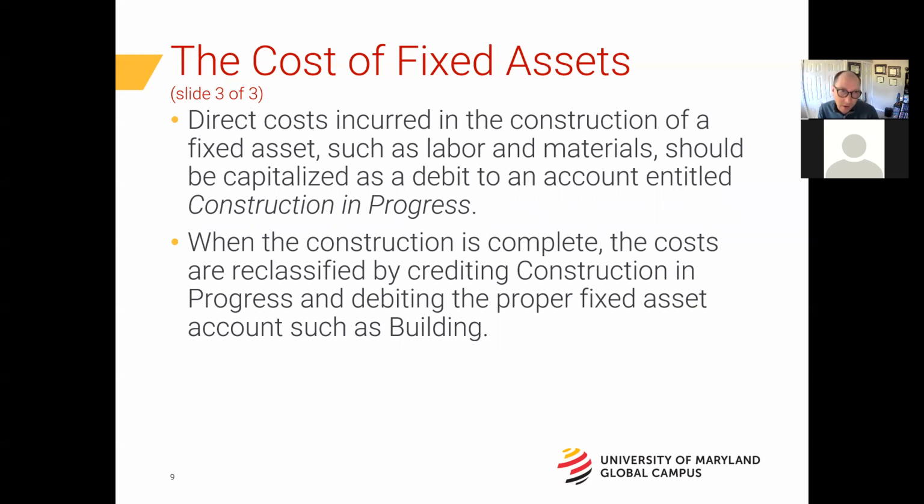What that does is it helps to capitalize the related costs that are utilized in building a building, as they say. And then when the construction is complete, we would simply debit the building and credit construction in progress.